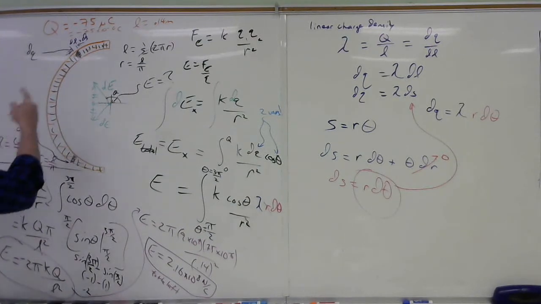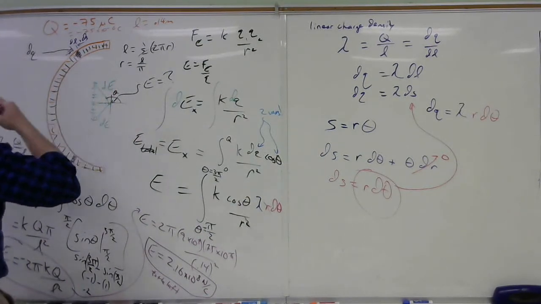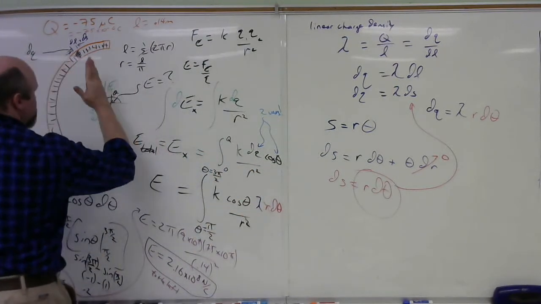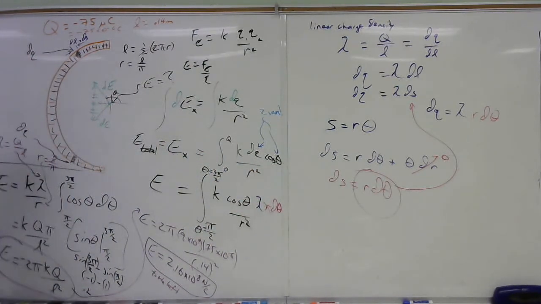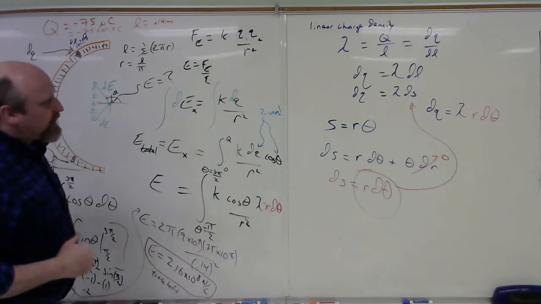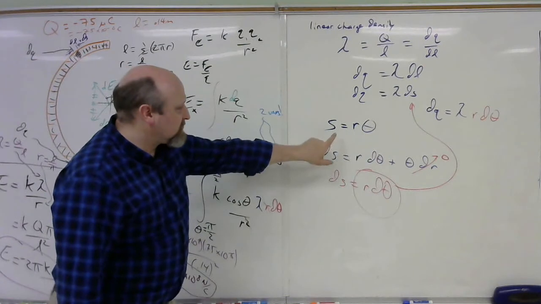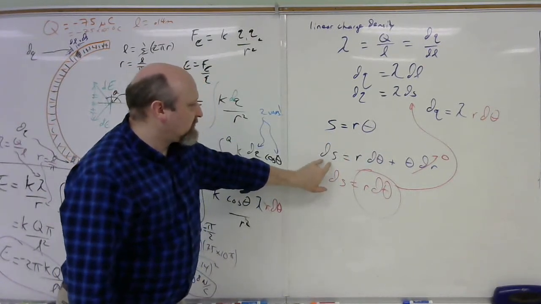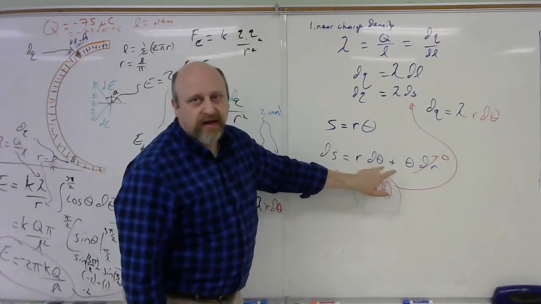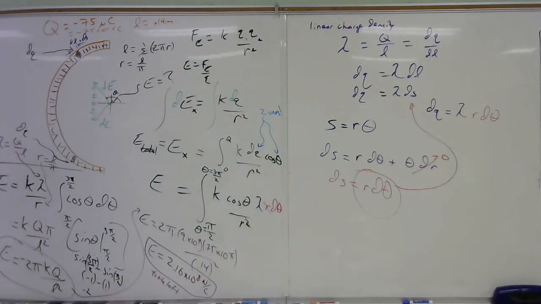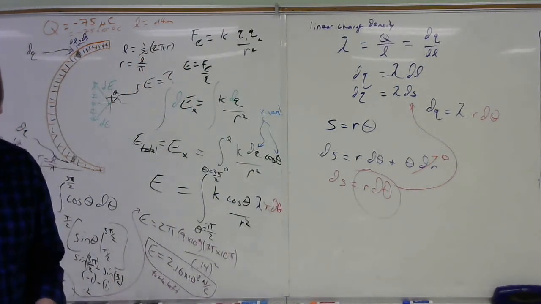If I'm going around in a ring like this, adding up charge, it makes sense to do it in terms of theta, from this angle to this angle, as I'm adding up the little bits. And I remind you about this handy substitution, where I can talk about the differential form and see that the little arc length is r d theta, and do that substitution. That's it. Thought I'd share that one with you.